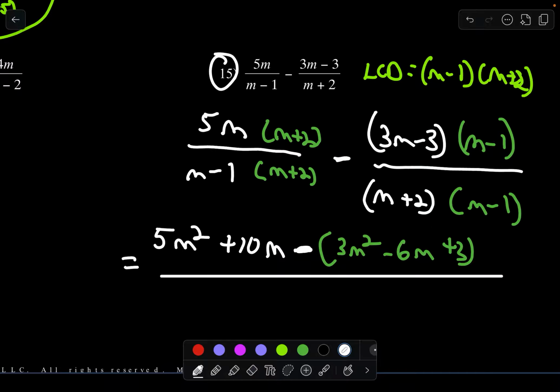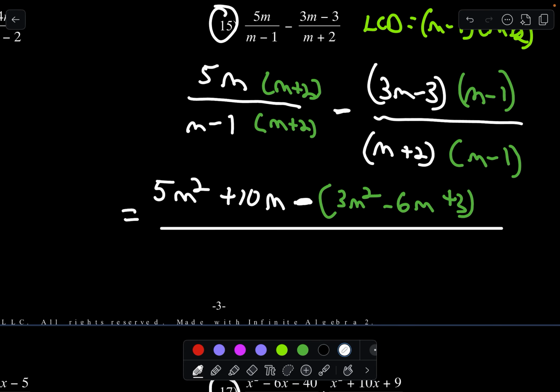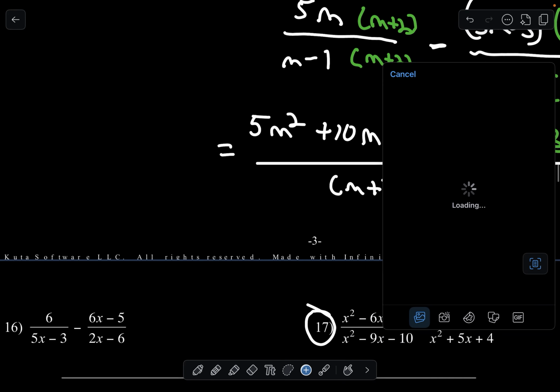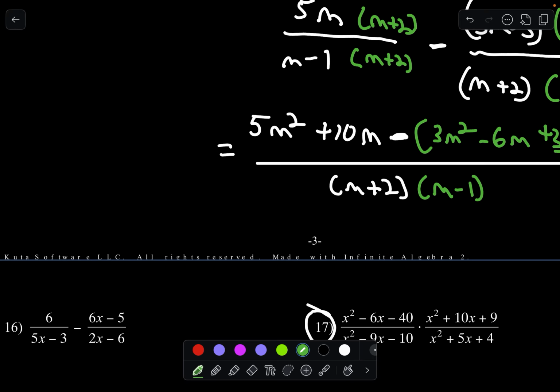Remembering that when we subtract, we're adding the opposite, and also that our denominator is m plus 2, m minus 1. We have 5m squared minus 3m squared. So that's going to be 2m squared.